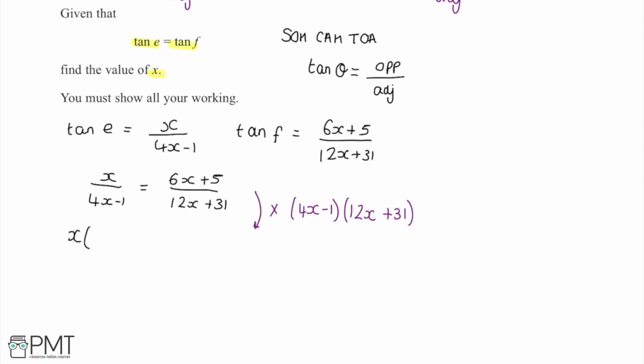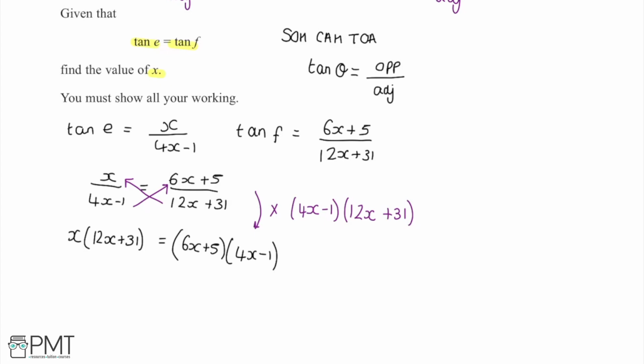So we have x lots of 12x plus 31, and that's going to be equal to 6x plus 5 multiplied by, again, 4x minus 1, sorry, and also this 12x plus 31, but that cancels out with the denominator. So it's like we're cross multiplying here, so we're multiplying this by this and that by that, so there's a cross here.